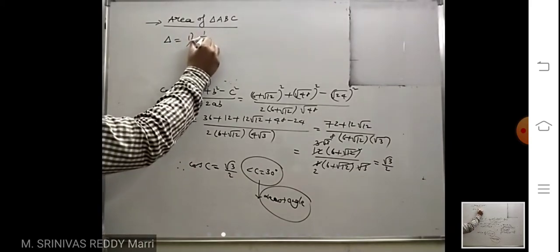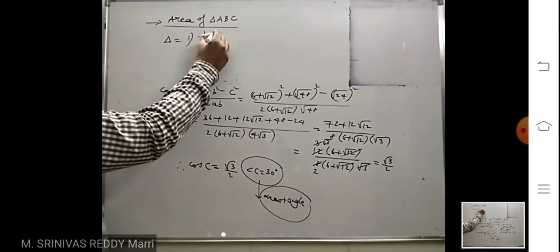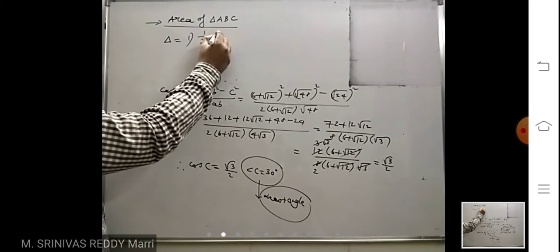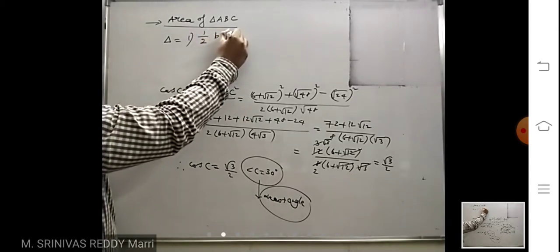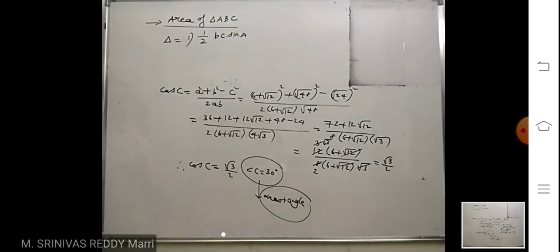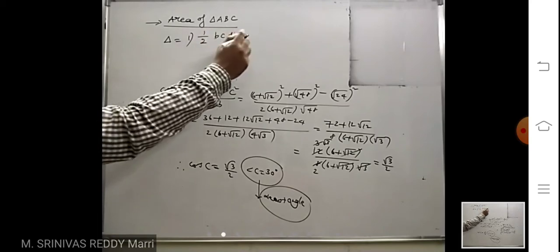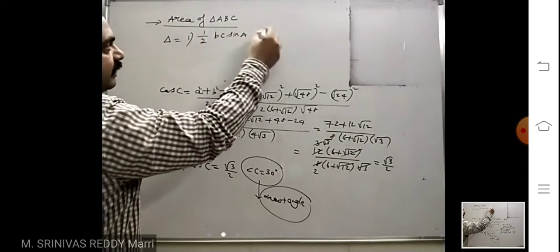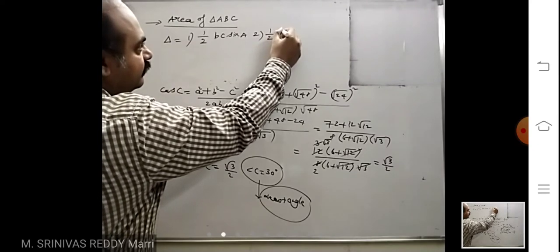I am writing the formulas and I will explain. One formula is half into BC sin A, where small letters mean sides.